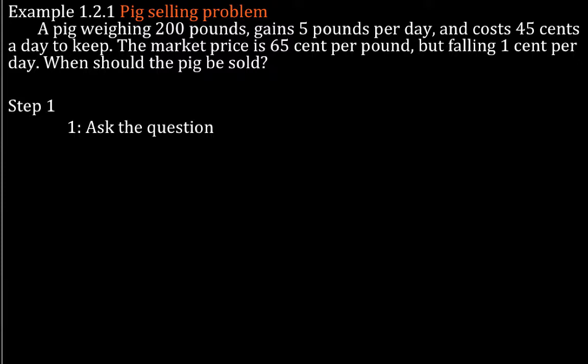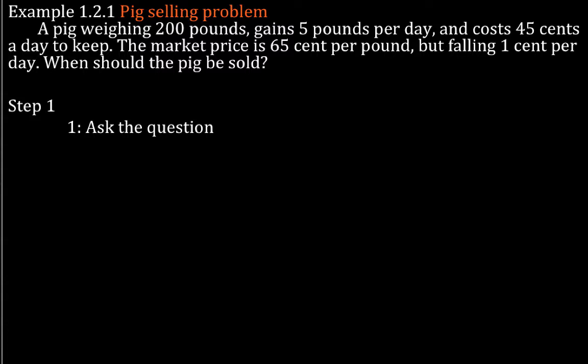It means they are expecting the maximum profit. So they need to sell this pig when they get the maximum profit. Okay, so our profit is the objective. Maximize the profit. And then identify variables and constraints.